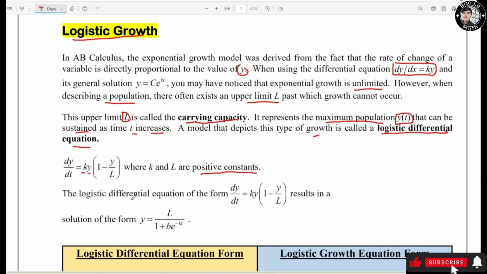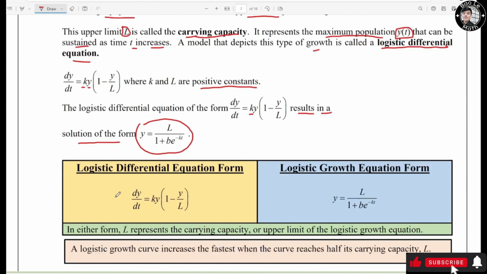The logistic differential equation of this form results in a solution of the form y = L over (1 plus b times e raised to the negative kt).